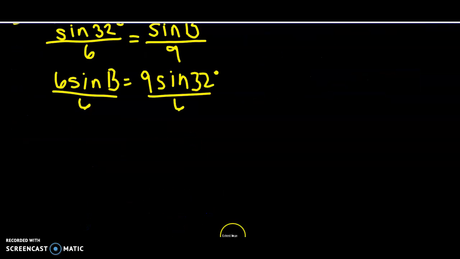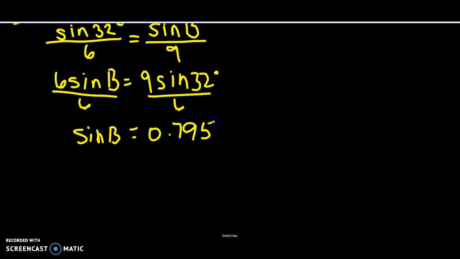We should get a value. We go to decimals: 9 sine of 32 divided by 6. So I have sine B equals that value. Remember, to solve for an angle, we take the inverse.